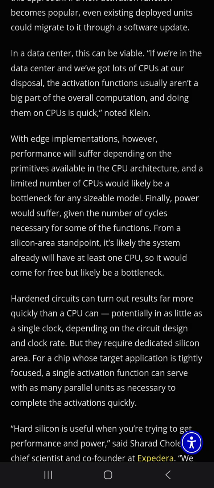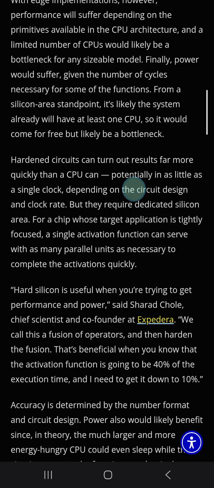With edge implementation, however, performance will suffer depending on the primitives available in the CPU architecture, and a limited number of CPUs would likely be a bottleneck for any sizable model. Finally, power would suffer, given the number of cycles necessary for some functions. From a silicon area standpoint, it's likely the system will already have at least one CPU, so it would come for free but is likely to be a bottleneck.